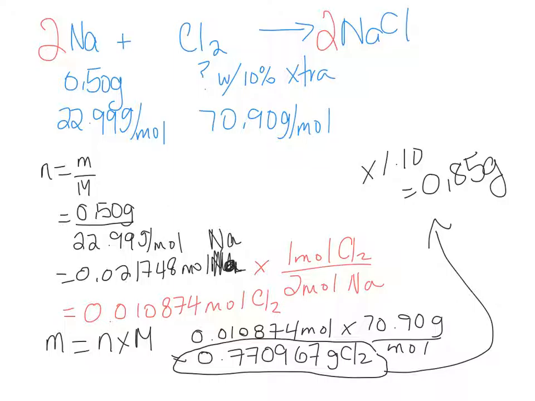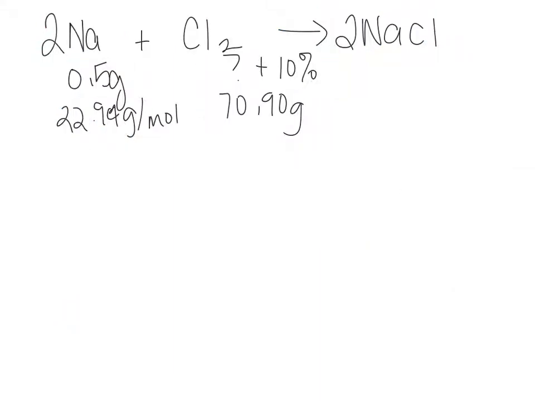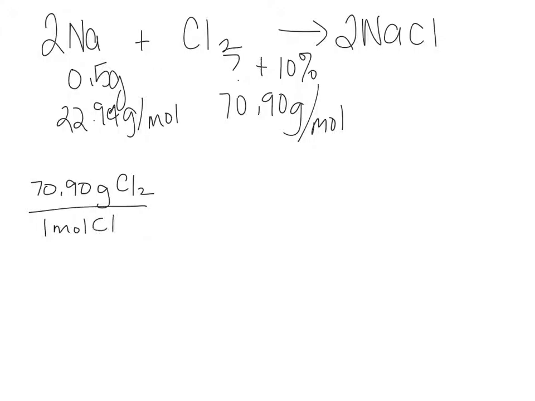Okay? So dimensional analysis. Because we want grams of chlorine, we have to start with a molar mass of chlorine because that contains grams of Cl2. So we start with the molar mass of chlorine.